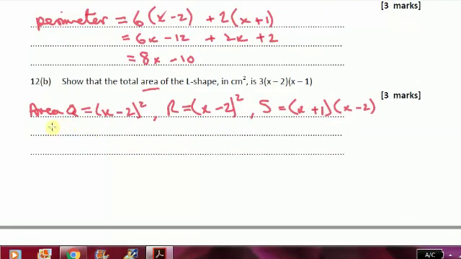So now I can expand these brackets to get Q plus R plus S, which is the total area. x squared minus 4x plus 4, that's the first bracket, plus, now R is exactly the same, so that's x squared minus 4x plus 4, and then S, going to be x times x is x squared, x times minus 2 is minus 2x plus 1x is minus 1x or minus x, and then plus 1 times minus 2 is minus 2.